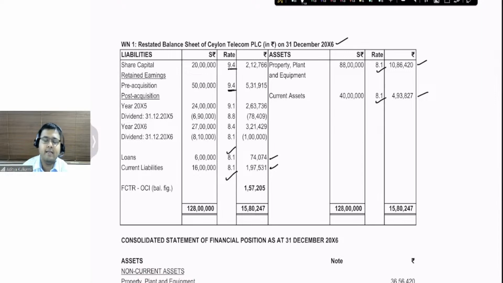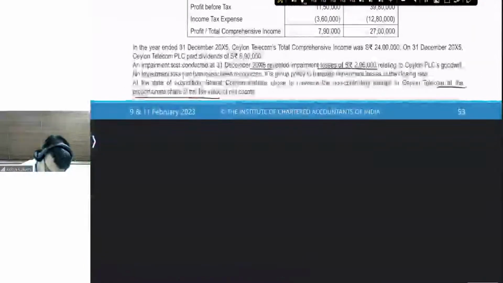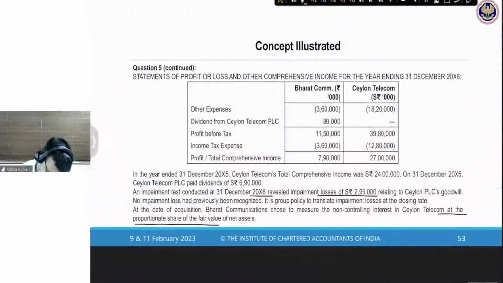20X5 was the year when you had the control, and that is why the profits earned in 20X5 matter. How much are the profits earned in 20X5, have they given to us? Yes. In the year ended 31st December X5, Ceylon Telecom's total comprehensive income was 24 lakhs.